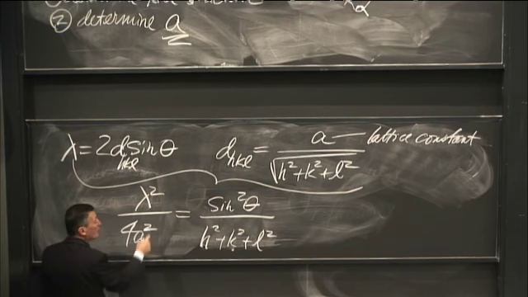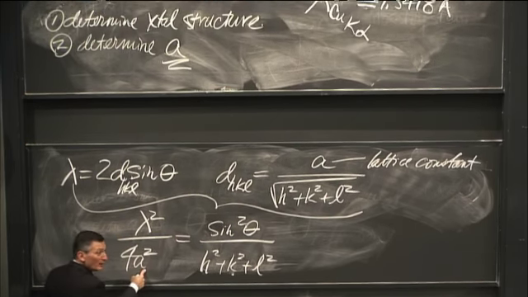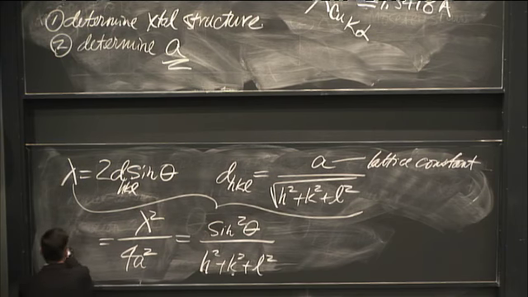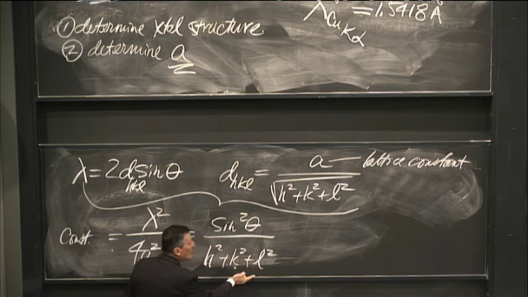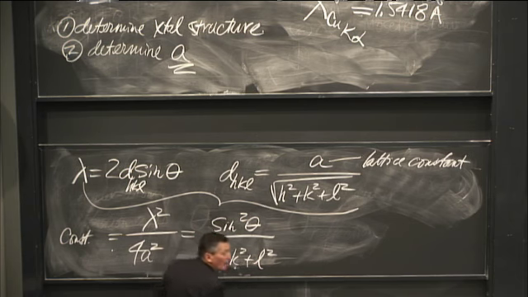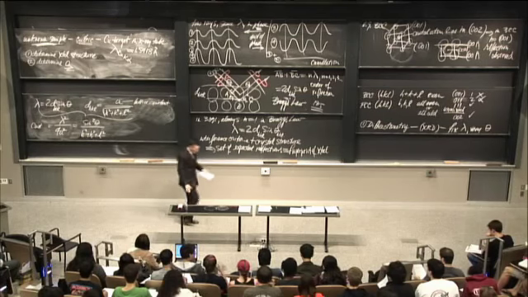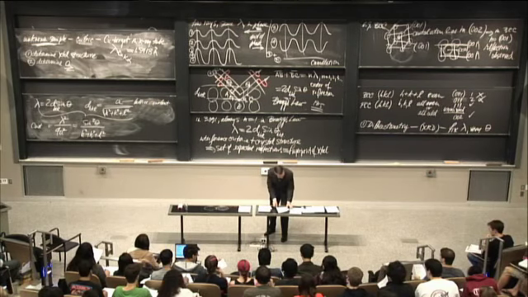So the ratio of 2 constants is a constant. Agreed? So if the left side of the equation is a constant, the right side must be a constant. But h, k, and l vary, and theta varies. But the ratio of sine squared theta over h squared plus k squared plus l squared must be a constant. And that's going to be the way I work through this delightful problem.